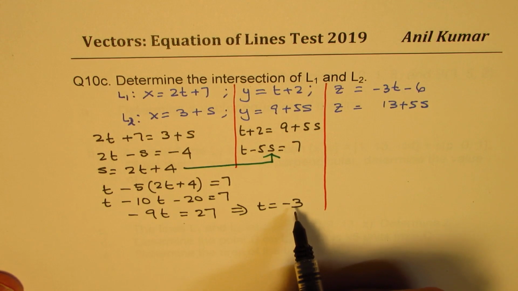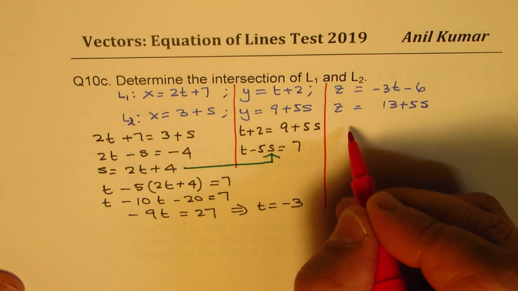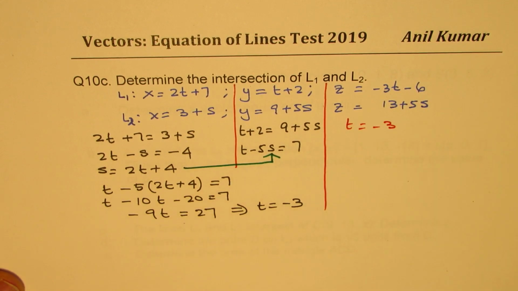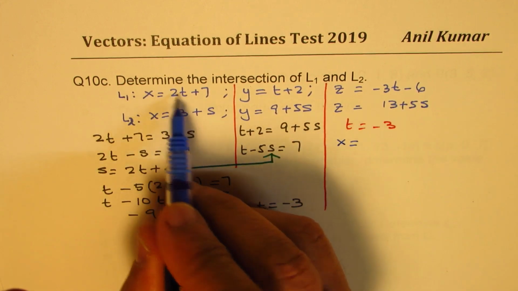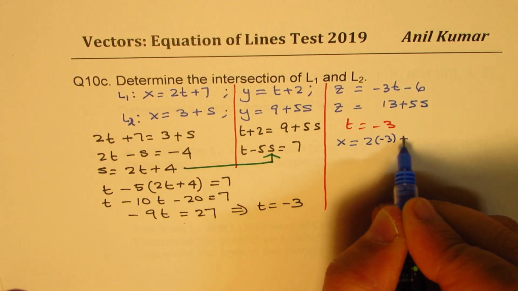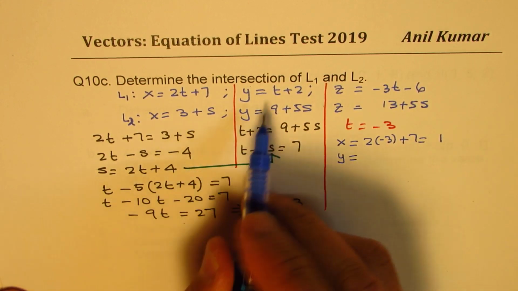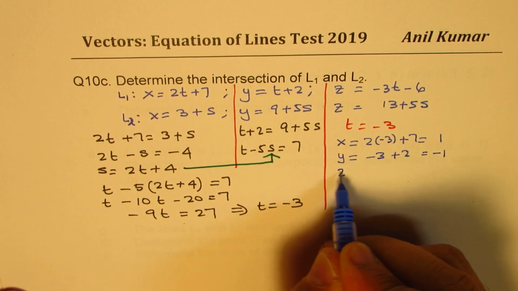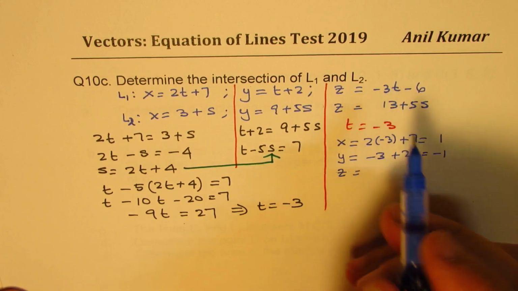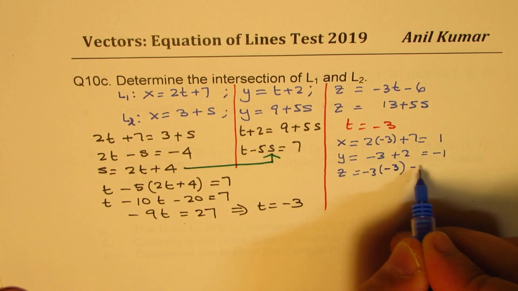So we'll substitute t as minus 3 and get x, y, and z. If t equals minus 3, the point of intersection is x equals 2 times minus 3 plus 7, which is minus 6 plus 7, which is 1. y equals minus 3 plus 2, which is minus 1, and z equals minus 3 times minus 3, which is 9, minus 6.